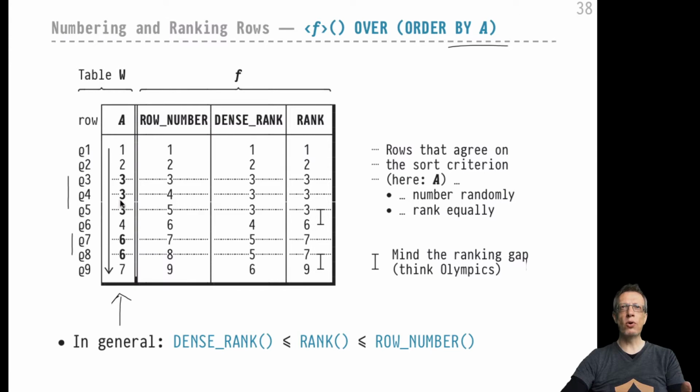The one ordering has been chosen by the implementation of PostgreSQL, and that's the ordering in which the rows will be numbered. The numbers will be unique, so 9 rows lead to row numbers from 1 to 9.